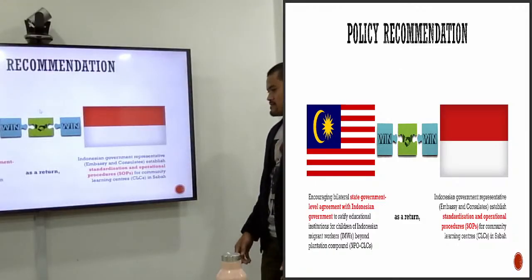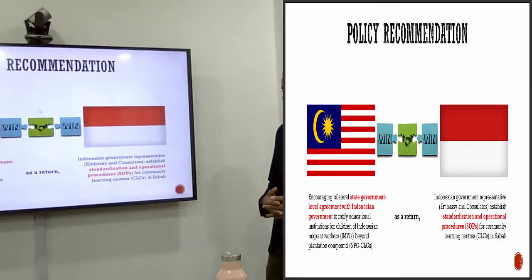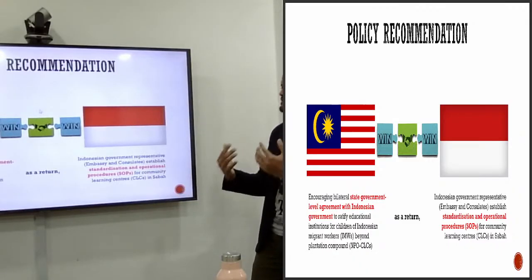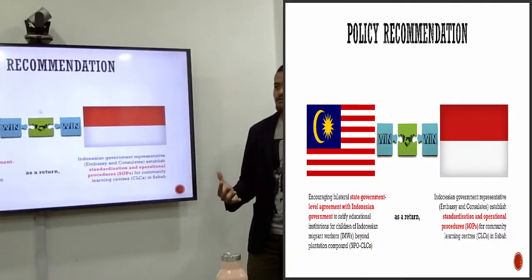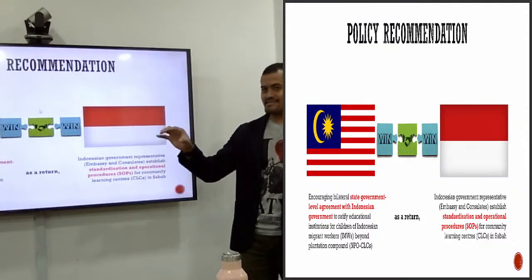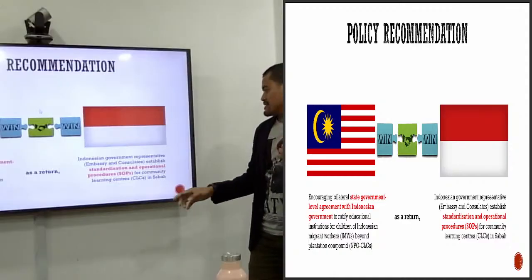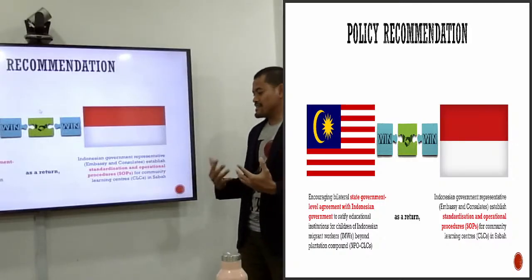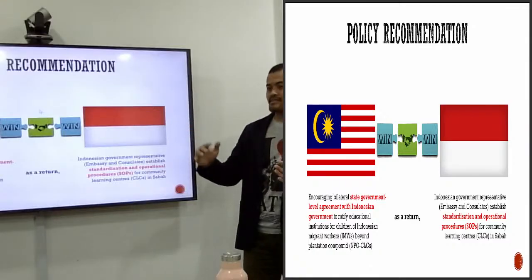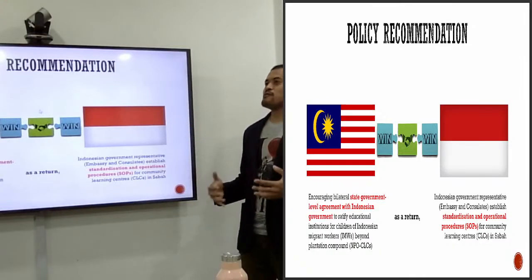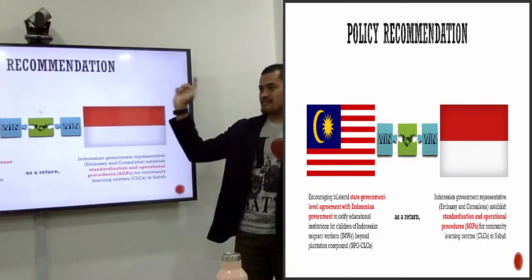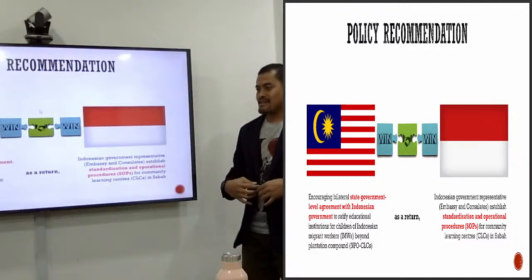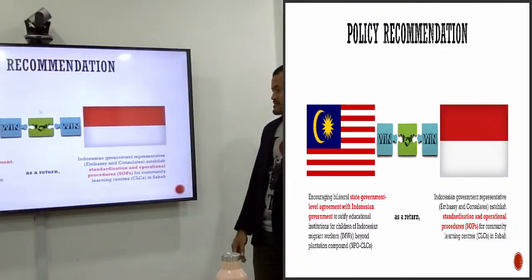have to establish some kind of standard SOPs for the CLCs' establishment, because if the government of Malaysia accepts to recognize these CLCs that are outside the plantation estates, the Indonesian government at the same time has to appreciate that, but also needs to have particular SOPs to control the numbers of the CLCs, so that they no longer focus on the quantity of the CLCs, as we can see in the introduction figure where there are so many CLC institutions, but they need to focus more on the quality, to give access to education to the children of migrant workers.